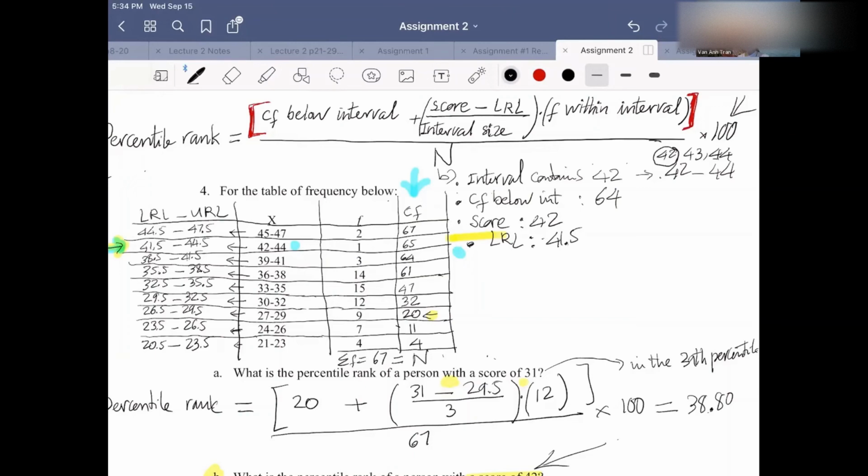All right. Next, we need to find the interval size. What is the interval size here, everyone? Type in the chat for me. What is the interval size?